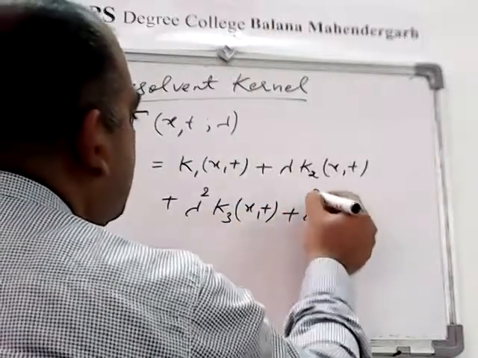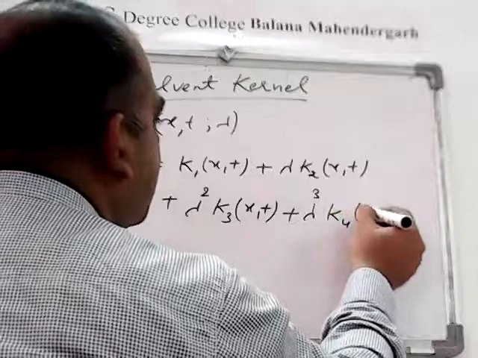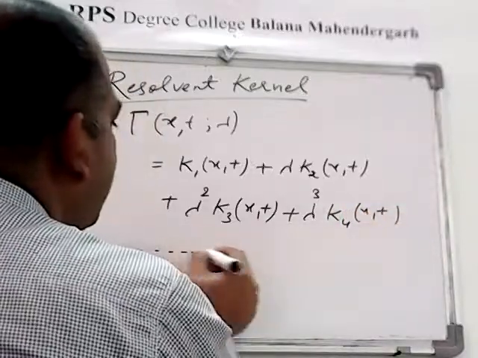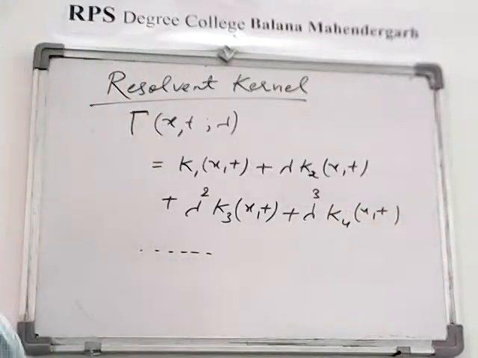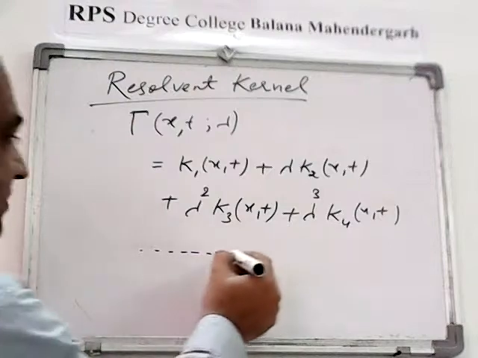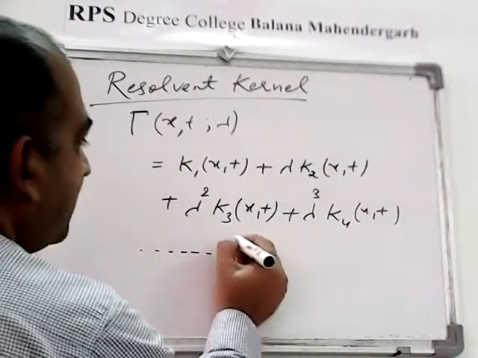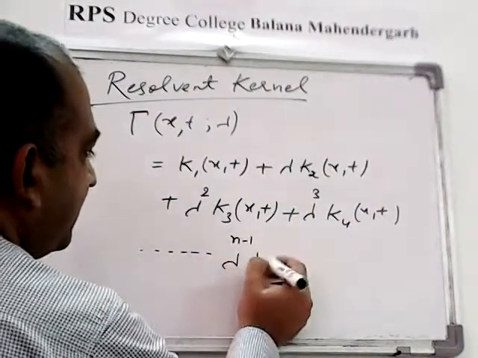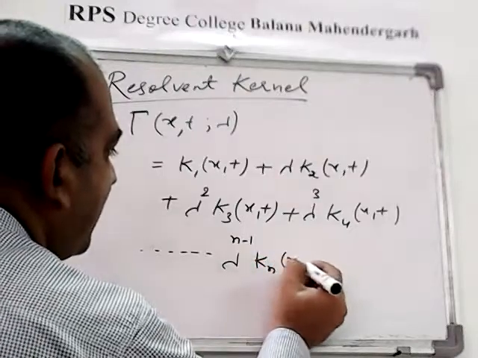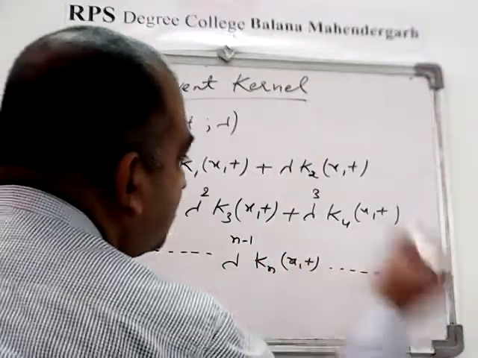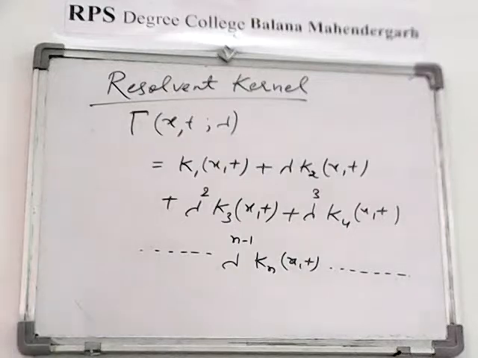Then λ³ K4(x, t). In a similar manner, we will have λ^(n-1) K_n(x, t), and so on up to infinity. From this particular expansion, we will be able to find out the resolvent kernel.